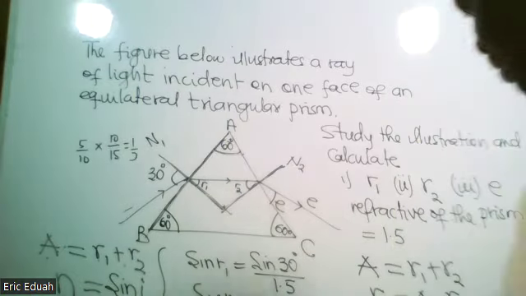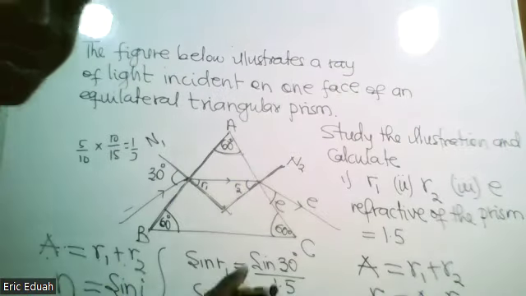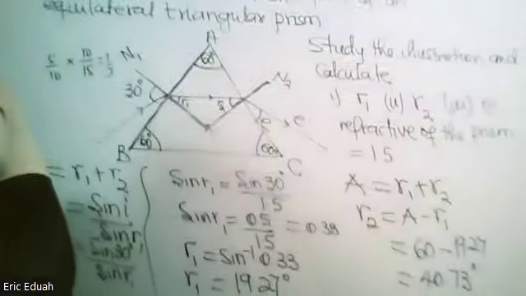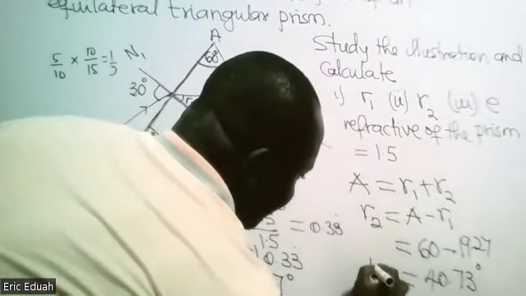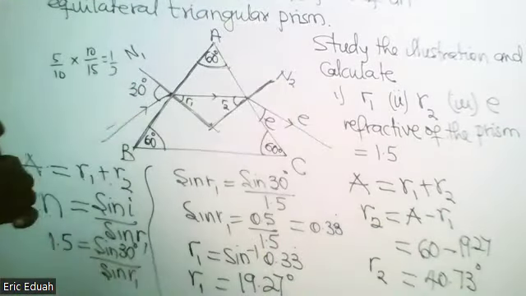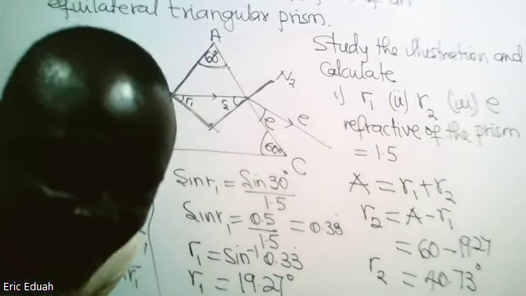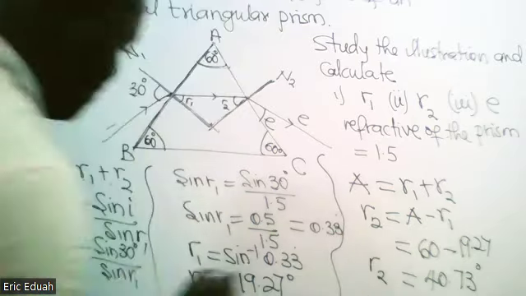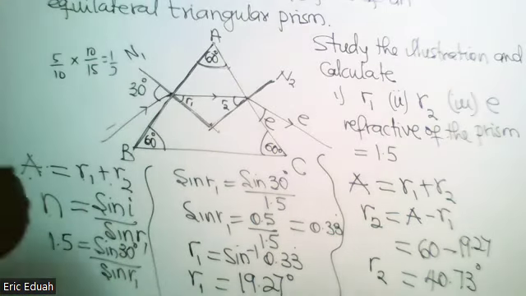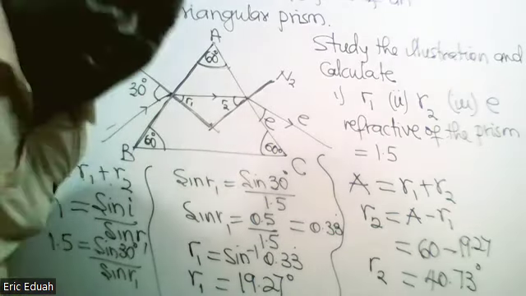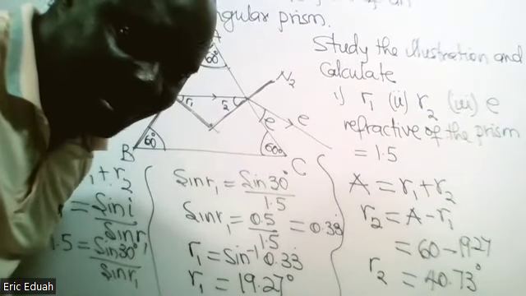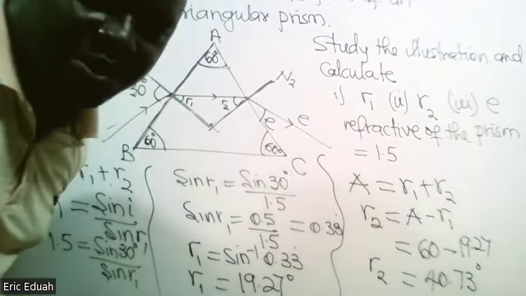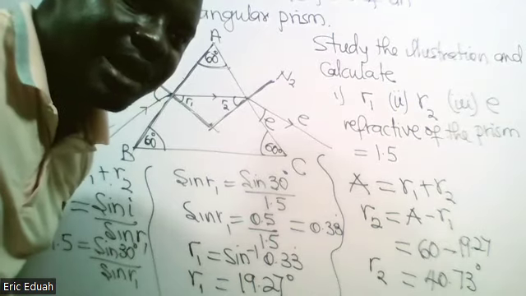Okay, so we have R2 also to be equal to this. We are left with E. How do we find E? Yes, for this one, somebody should help me. How do we determine the value of E? Anybody to help? Equia is here.